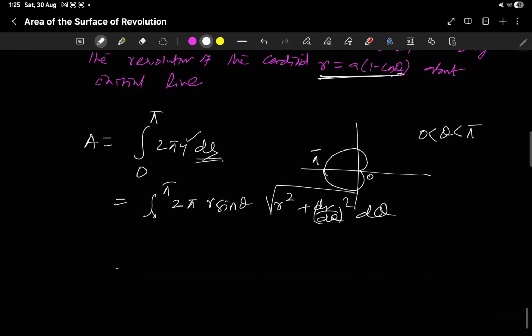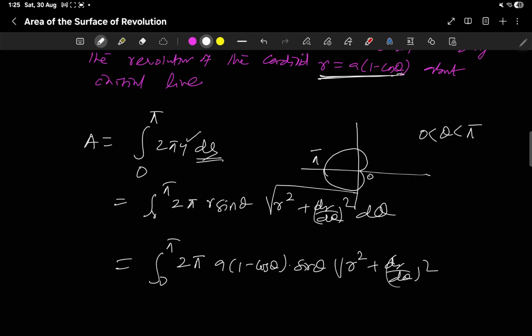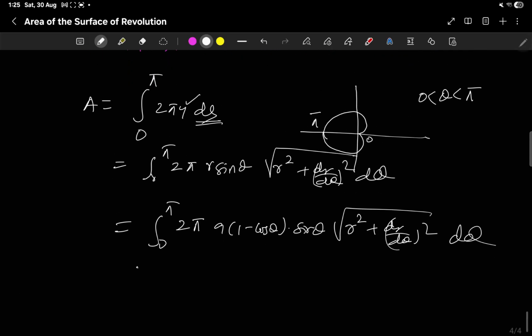Now in place of r you substitute r equal to a into (1 minus cos theta), into sin theta, and square root of r square plus (dr by d theta) whole square d theta. If you proceed in the same way, it will again give you the same answer, 32 pi square by 5. This will be the answer.